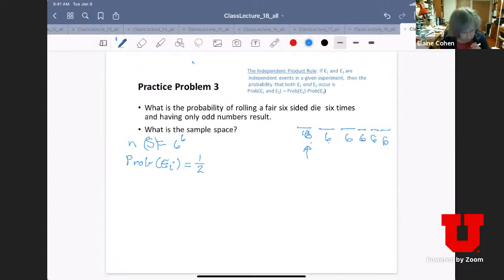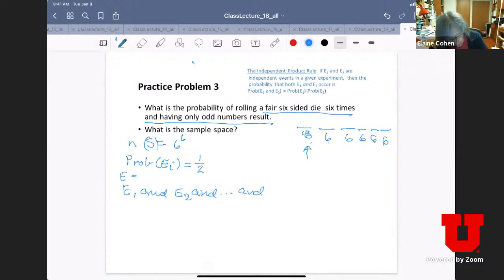So E is the event of rolling a fair die 6 times, having only odd numbers result. So that's equal to E1 and E2 and so on through E6. It has to happen all 6 times.